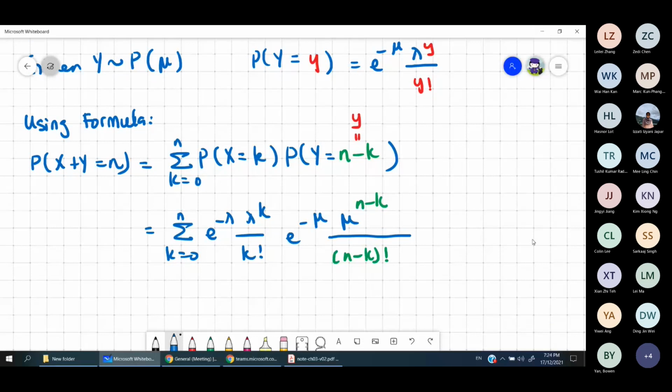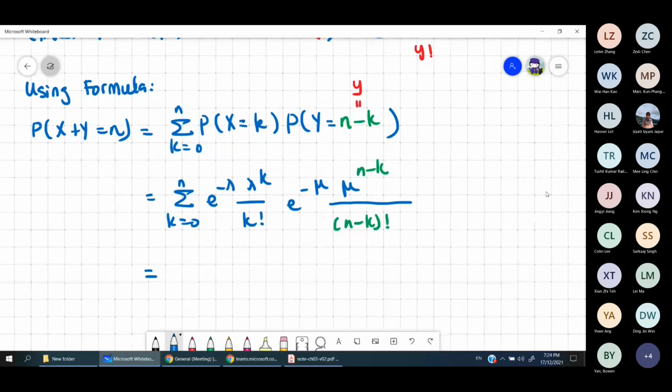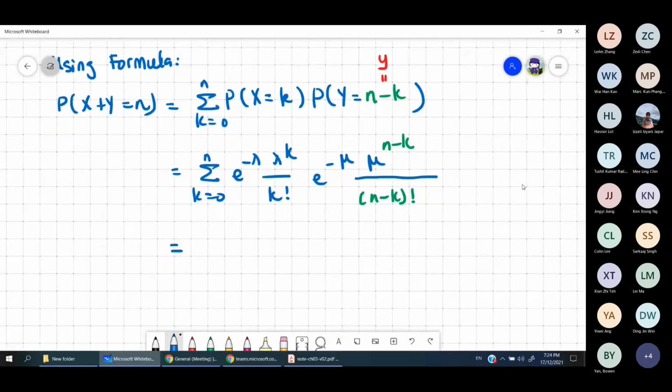What can we do? First of all, we can take out e to the minus (lambda plus mu).